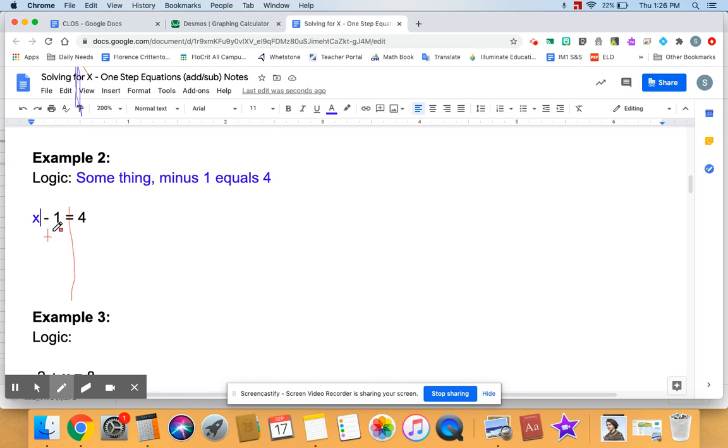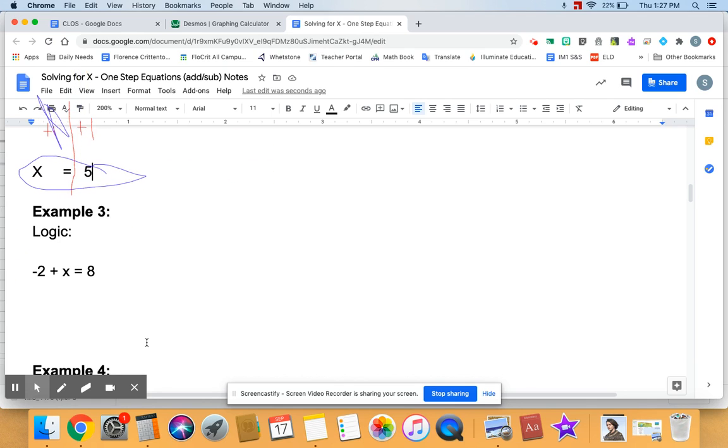Adding 1. If I add 1 to both sides, it keeps it balanced. Minus 1 plus 1 eliminates, it cancels. So I'm only left with x equals, and then 4 plus 1 is 5. That's how I'd figure out that 5 minus 1 would give me 4. So that would be the answer to this one when we solve for x.